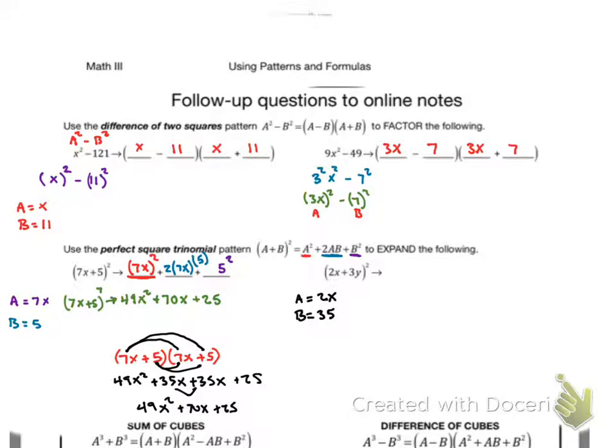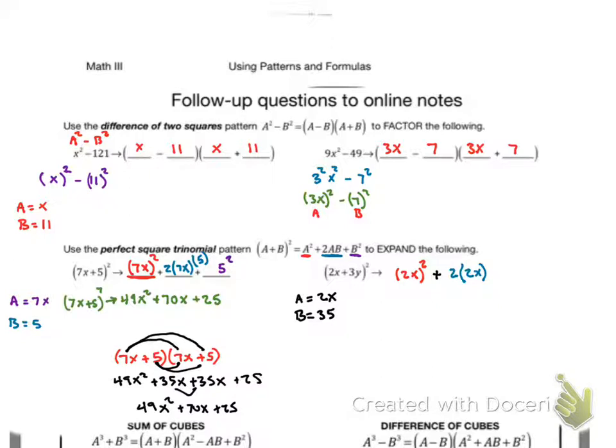So for my first one here, I have a squared. My a is 2x, so I'm going to have 2x squared. Then I have my plus sign from the equation. I have 2 times a, which is 2x, times b, which is 3y. I don't know why I wrote 35 here.